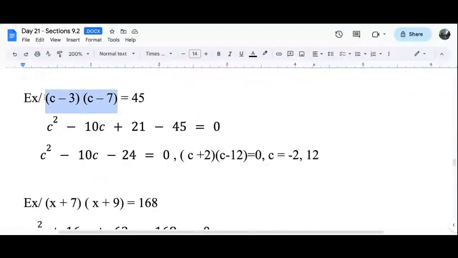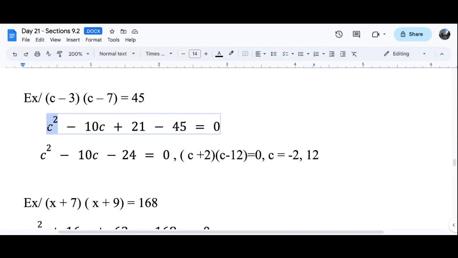Let's see this one. This one was given in factored form. However, the right-hand side is 45. It's not 0. If it was 0, we could solve right away. But it's not 0, so what do we do? We have to expand this. To expand that, we have c squared, minus 3 plus minus 7, that's minus 10c, and negative 3 times negative 7, that's positive 21.